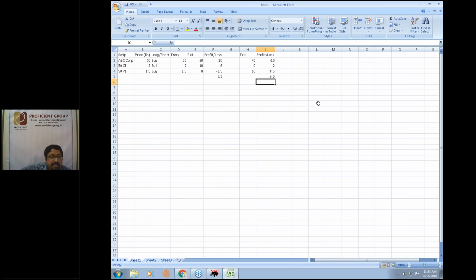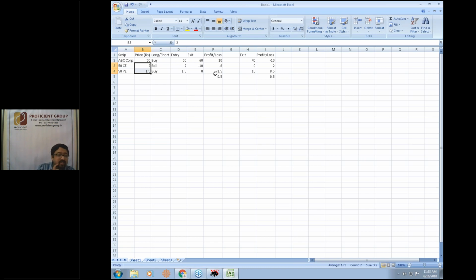So in whichever direction the price goes, the price may rise or the price may fall, we are actually locking in a profit of 0.5 paise. And this 0.5 paise was actually the difference of the prices of this call and put, right?